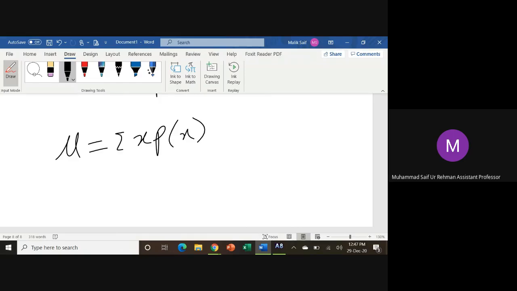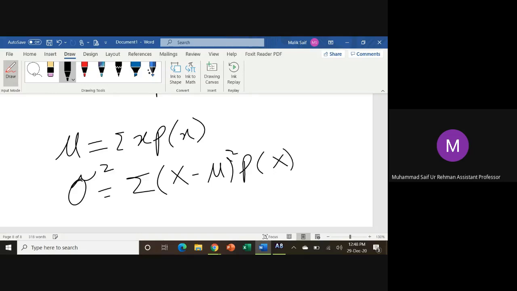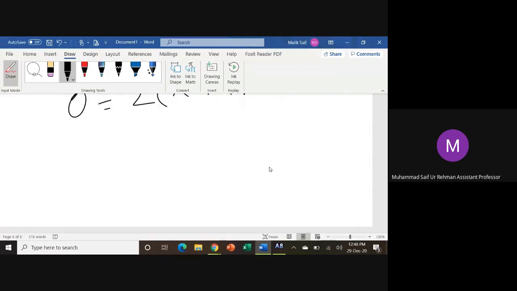If you recall the discrete probability distribution, this was the formula for average. And the formula for variance in that case was summation of (x minus mu) square into probability of x. So you have to solve some questions from this also. These were the two formulae, mean and variance, when we were discussing the discrete probability distribution.